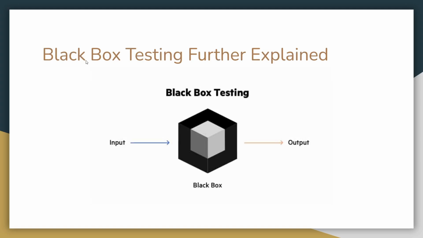And so, just to reiterate what black box testing is, and just to hopefully fully explain it, black box testing is, like you can see in this picture, having a black box over the software that shows that you do not know what is inside, that you do not know how the software and program is running, but you do know the inputs and the outputs.